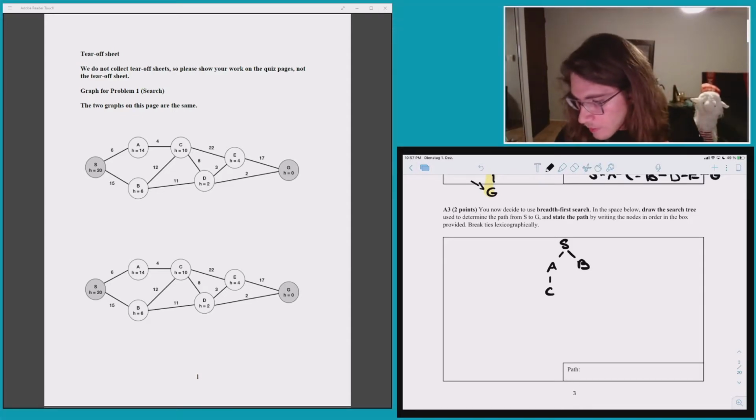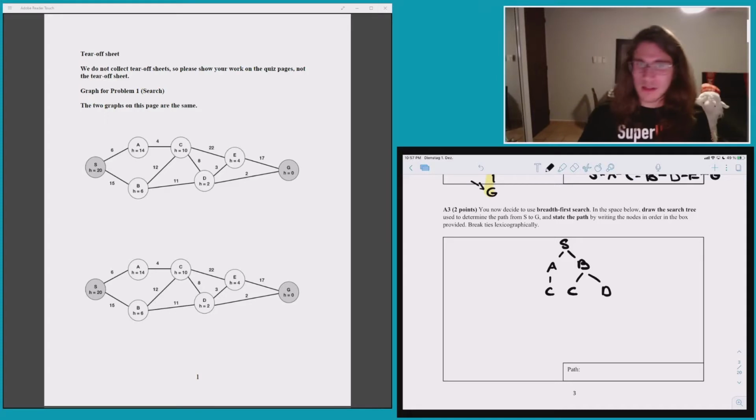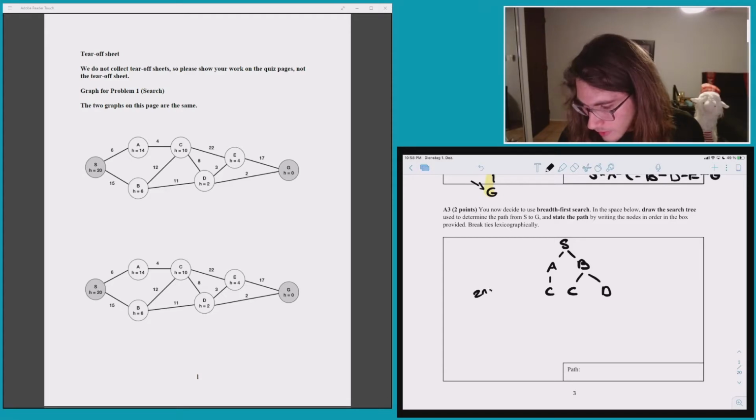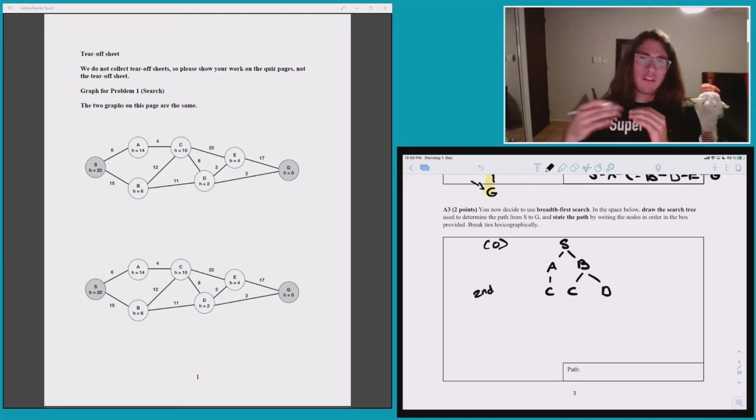I expand SB, and it yields 2 paths, SBC and SBD. And so those are added to the back of the queue, but then now you see the pattern where before moving to the next level, I filled out the entirety of this. I'm going to call this the second level, assuming this is level 0. Right, I've expanded the second level, now I'm going to move on to the next one.